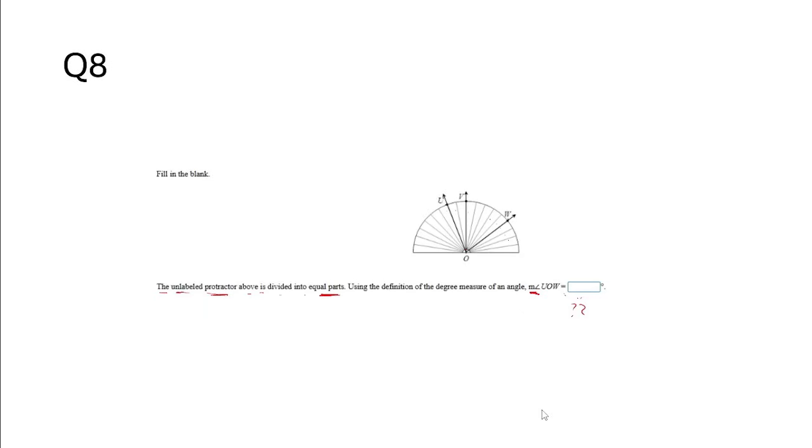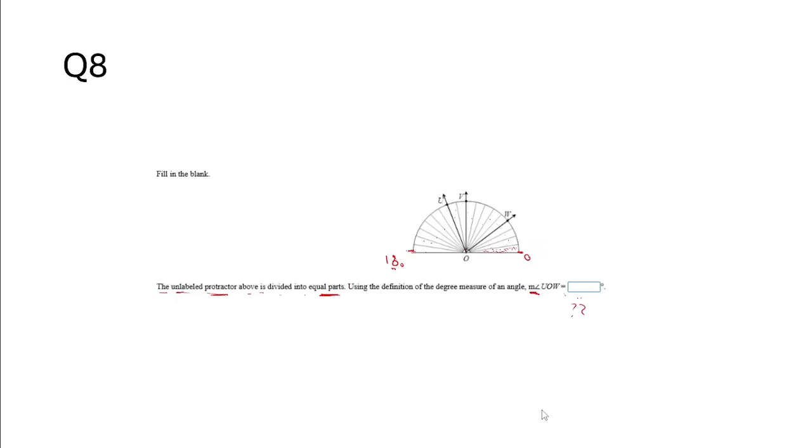As you see here, the protractor is divided into equal parts. As we know, the protractor starts from 0 and ends at 180 degrees, so this whole area is 180 degrees. To get the measure of one part, we need to divide 180 by the number of these parts.